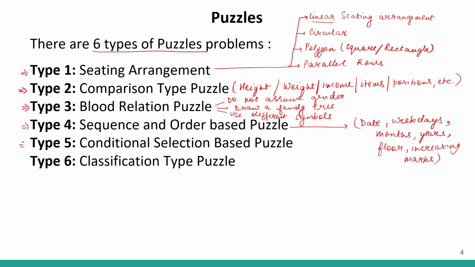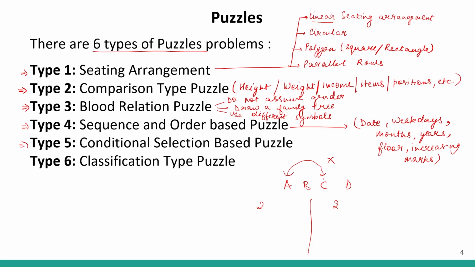Then we have conditional selection based puzzles. Conditional selection basically means, let's say we have 4 people, A, B, C, D, and we have to make 2 teams of 2 each. Okay, we have to make 2 teams. Correct? We have to put 2 people in one team and 2 people in the other team. Now it is given to us that A and C are not together. This is the condition.